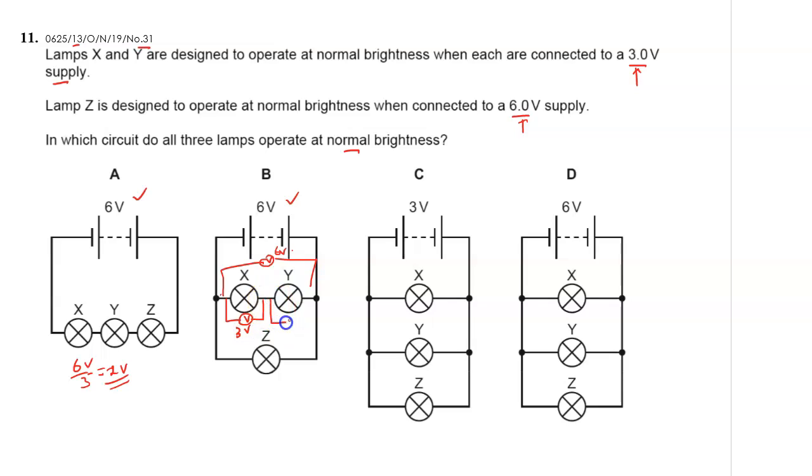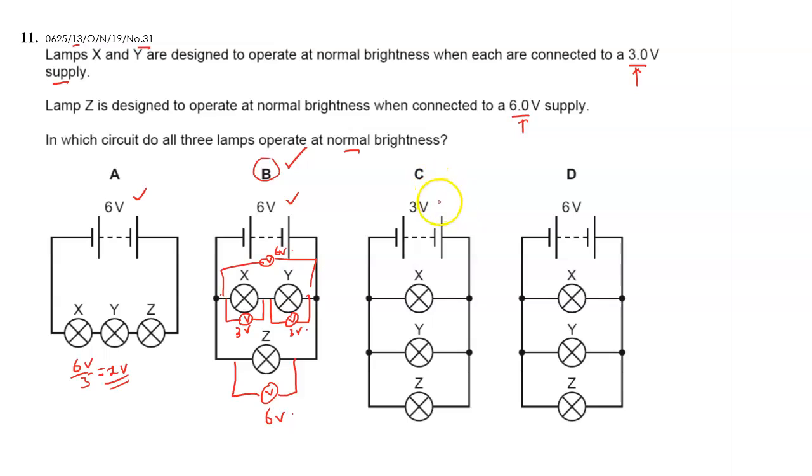And if you put another voltmeter across Y, this will also be 3 volts. Likewise, if you connect a voltmeter across Z, because Z and both X and Y are in parallel, this will read 6 volts. Therefore, the answer should be B.